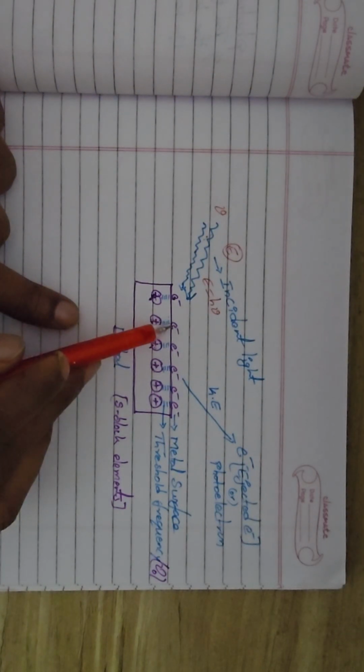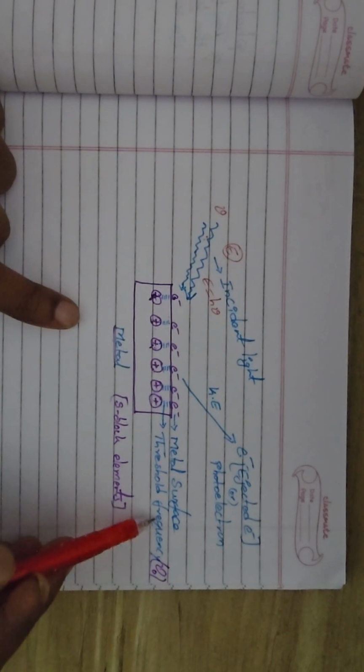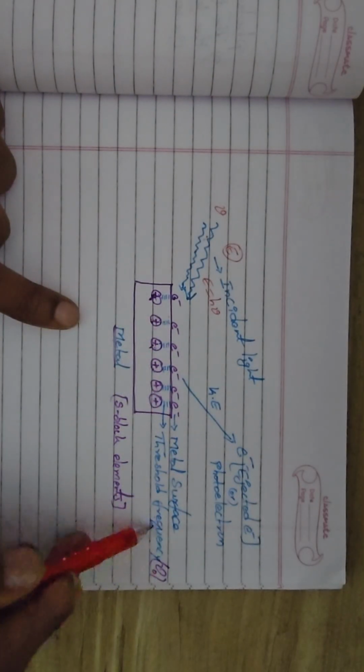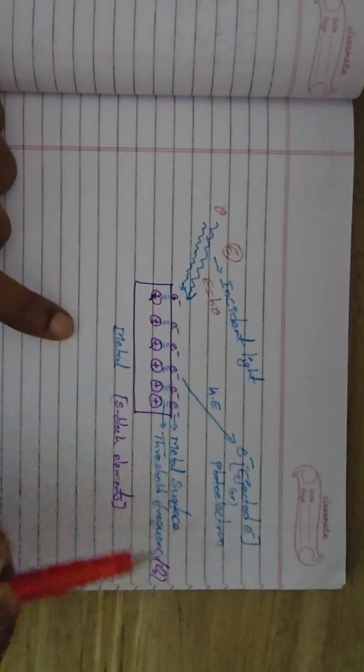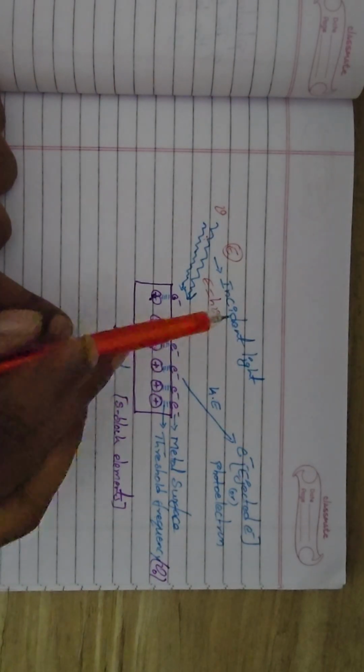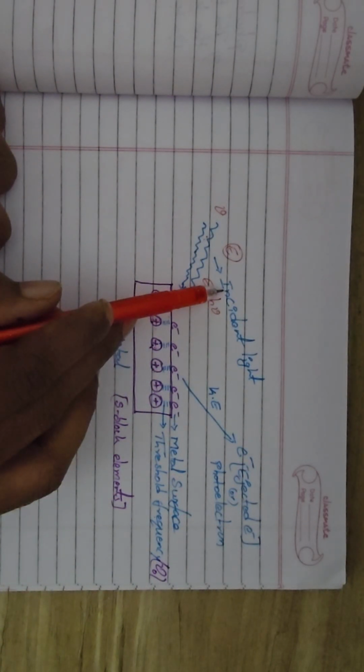The energy needed to break the interaction between nucleus and electron is called threshold energy, related to the threshold frequency of the metal.